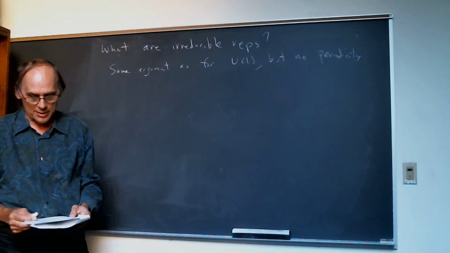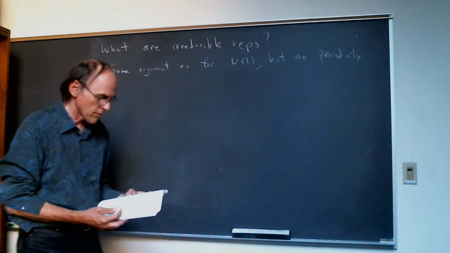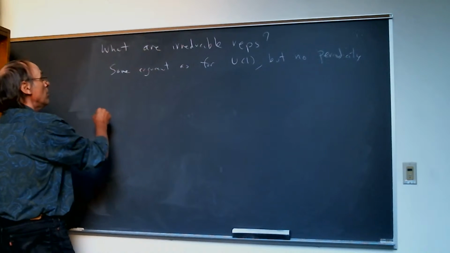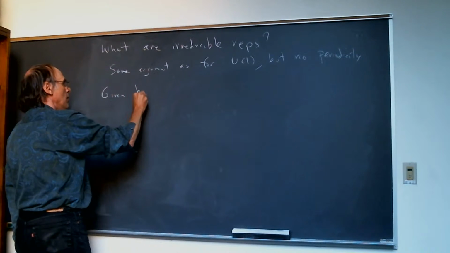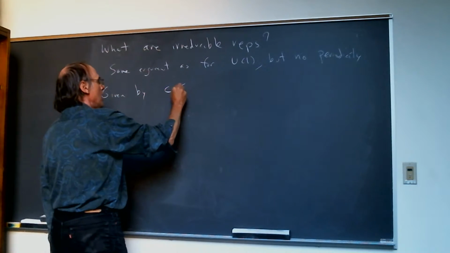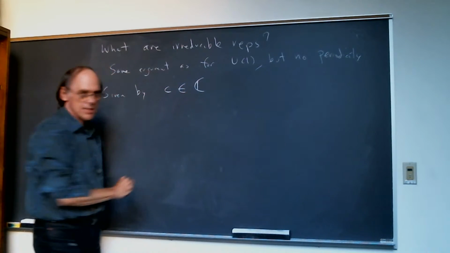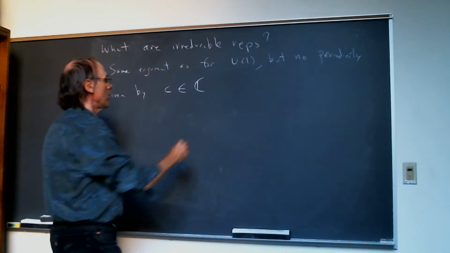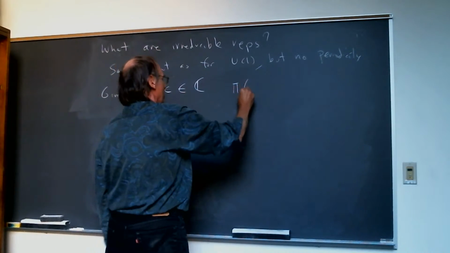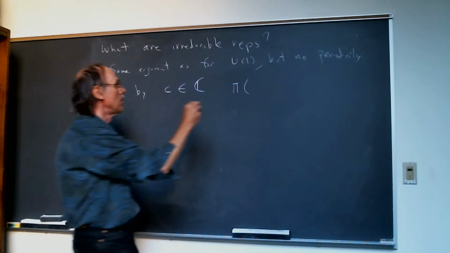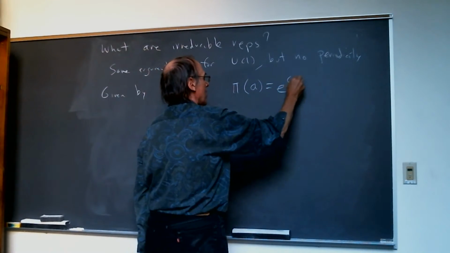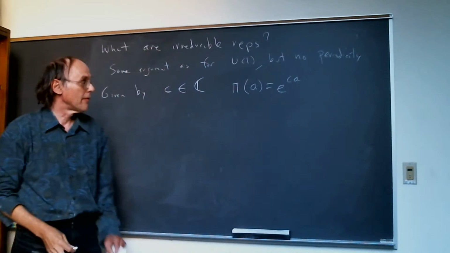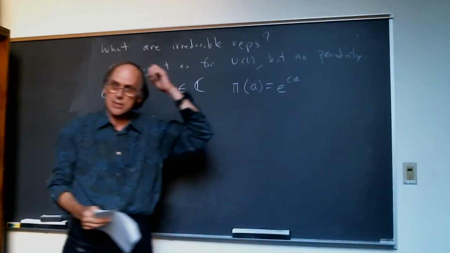And so what you find is that they're given by some complex number C, and pi of A is equal to e to the CA. That's all. This is pretty trivial.